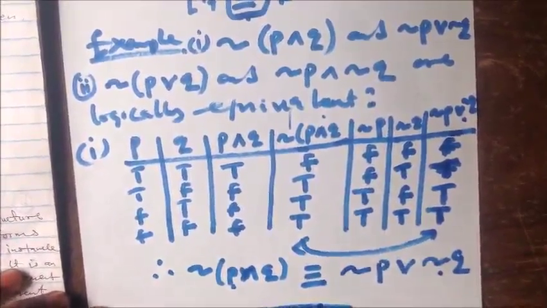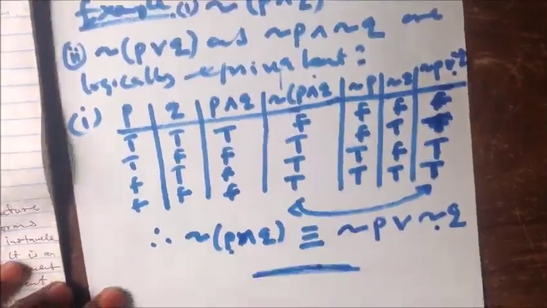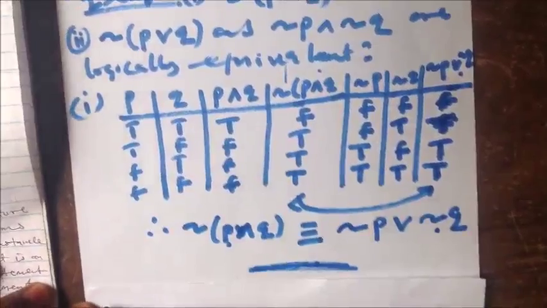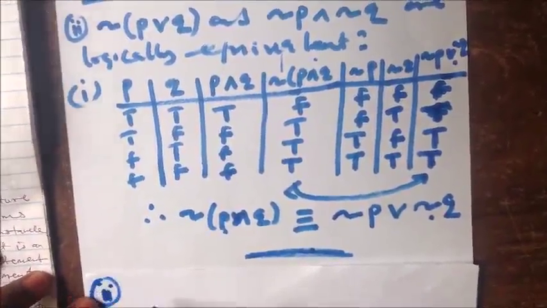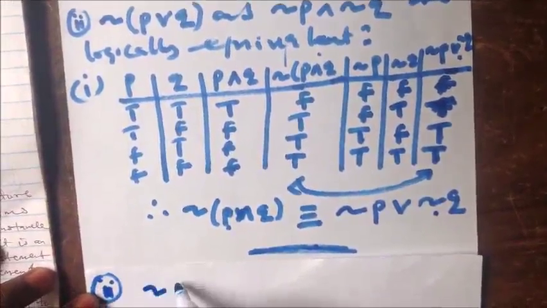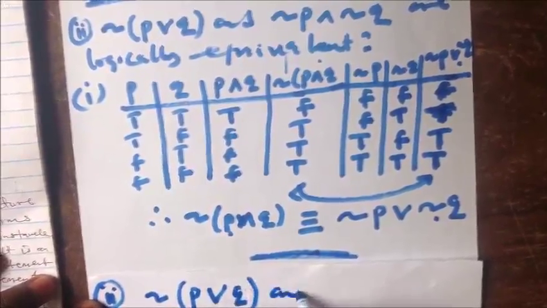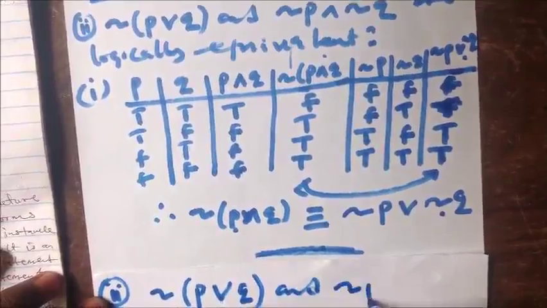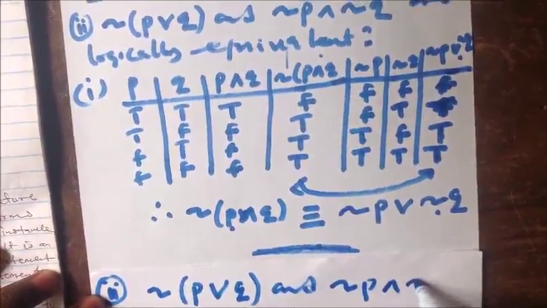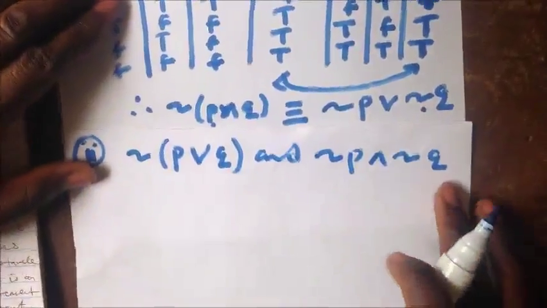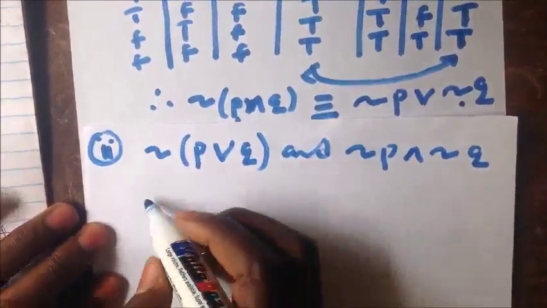To answer the next question, number 2, we are given the negation of P or Q, and the negation of P and negation of Q. For us to solve this, we can again use a truth table.